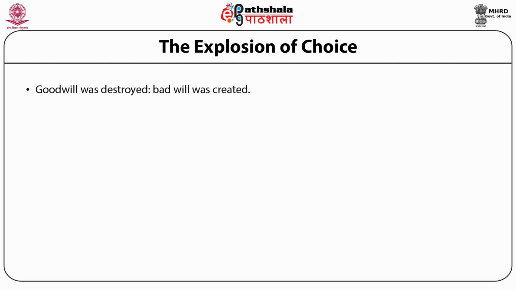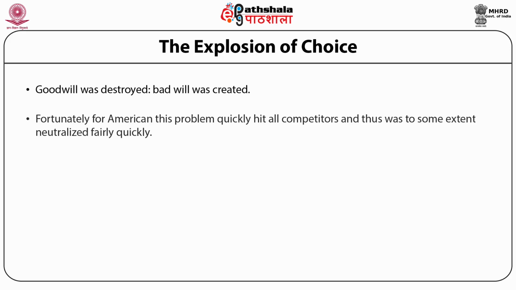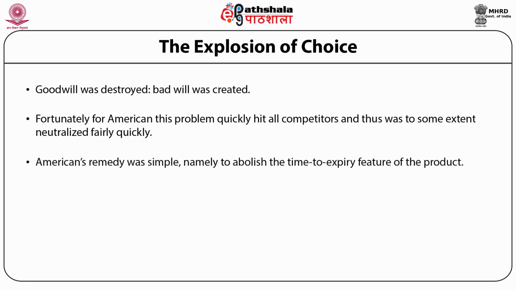Goodwill was destroyed, badwill was created. Fortunately for American, this problem quickly hit all competitors and thus was to some extent neutralized fairly quickly. American's remedy was simple, namely to abolish the time to expiry feature of the product.